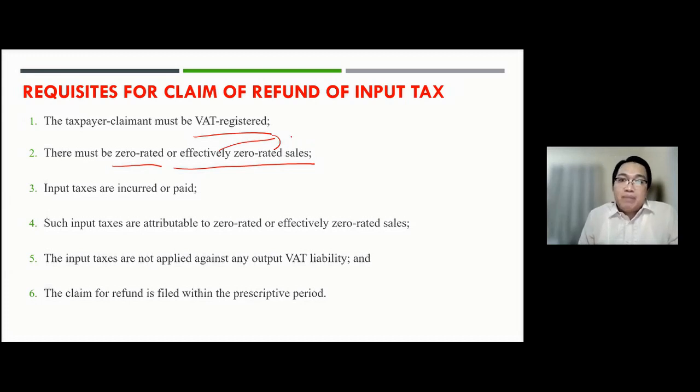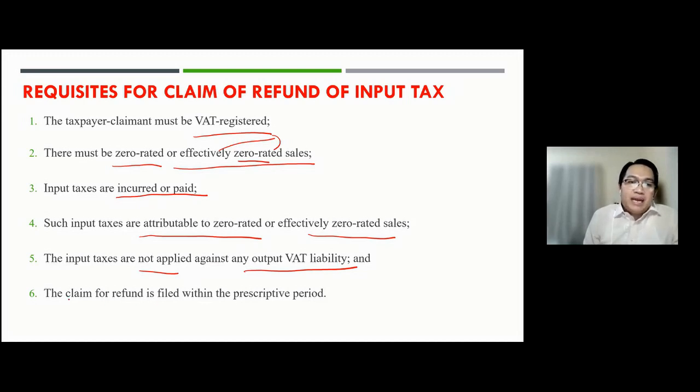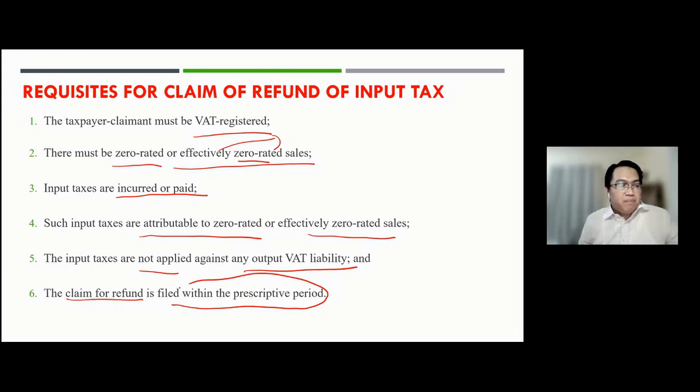So kailangan may special law or international agreement for it to be considered as zero rated. Now, input taxes are incurred or paid. Such input taxes are attributable to zero rated or effectively zero rated sale. Input taxes are not applied against output VAT, and the claim for refund is filed within the prescriptive period.